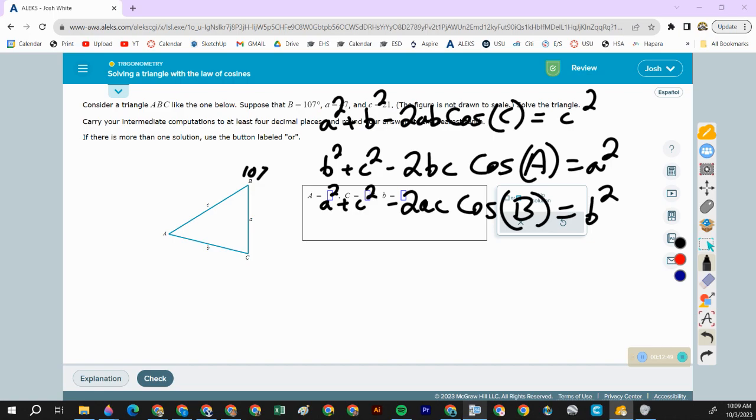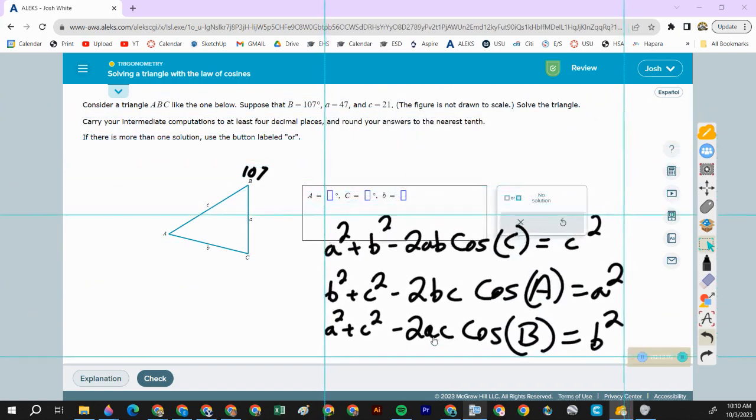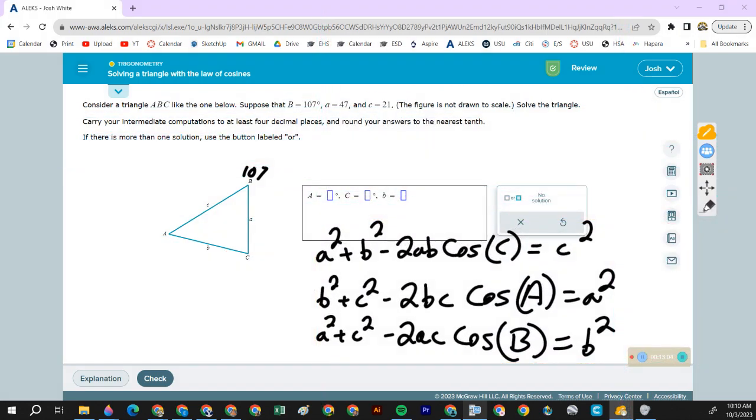Side A, gotta get this stuff out of the way, sorry. All right, angle B is 107, little a is 47, and little c is 21. Okay, so I need to find side B.